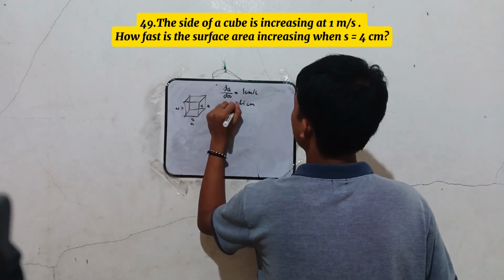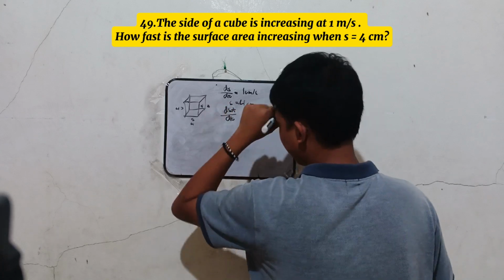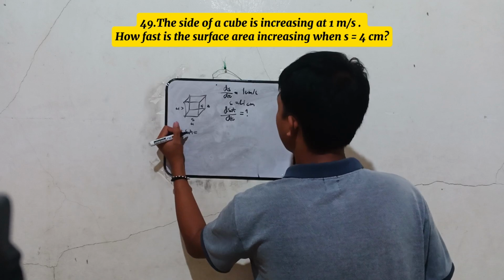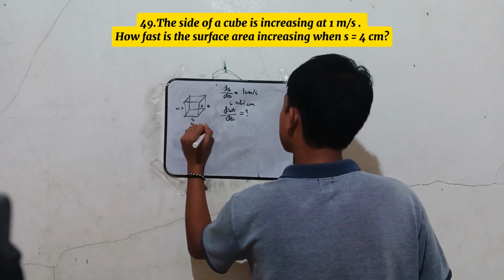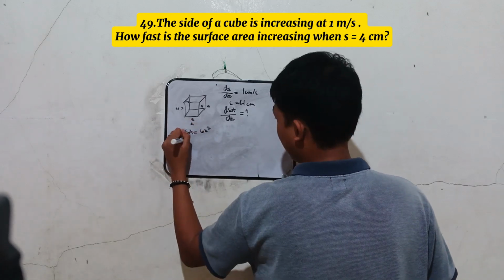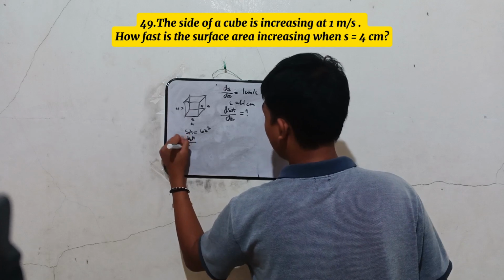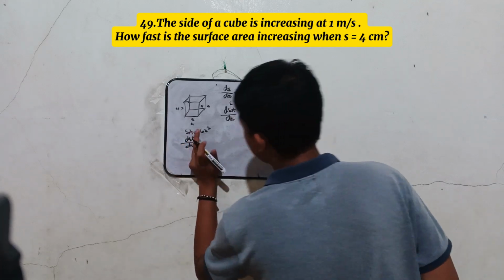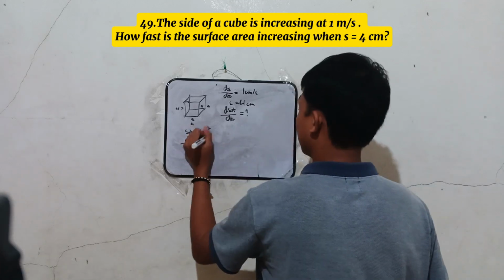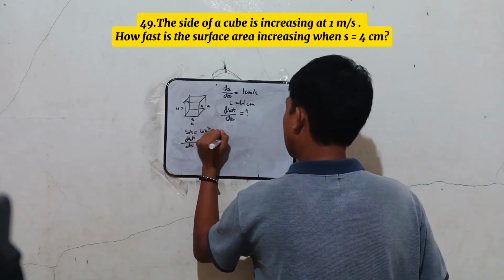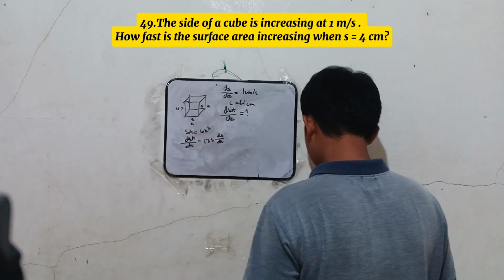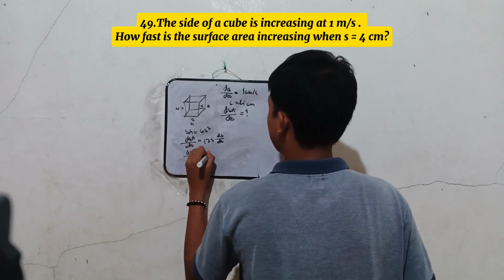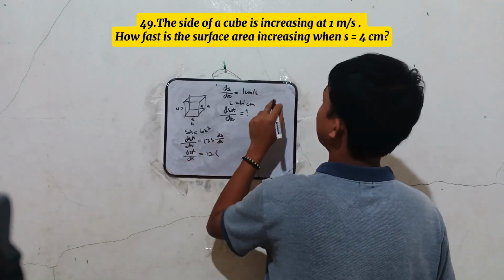Then what we are tasked to find out is the derivative of the surface area with respect to time. So the surface area of a cube is 6s squared. So let's differentiate this given formula with respect to time. So this will become 12s ds over dt. Substitute the given values.